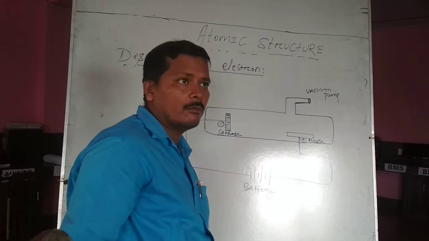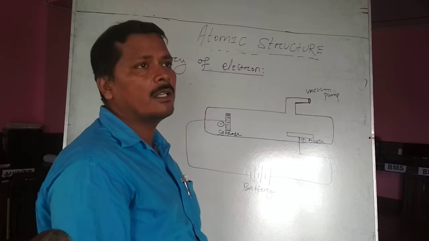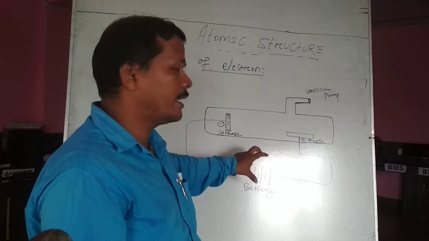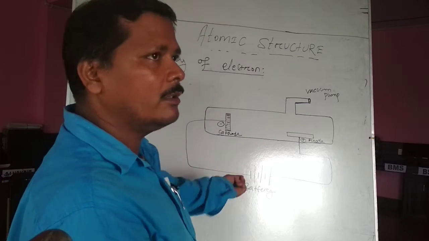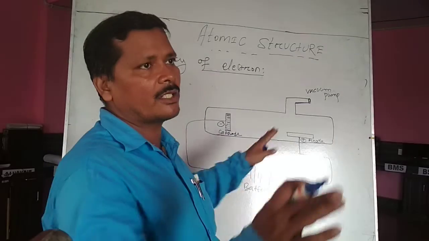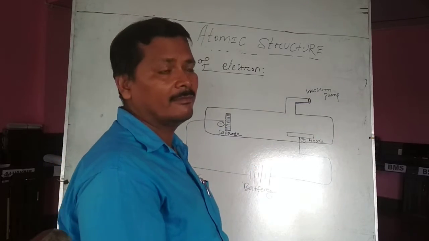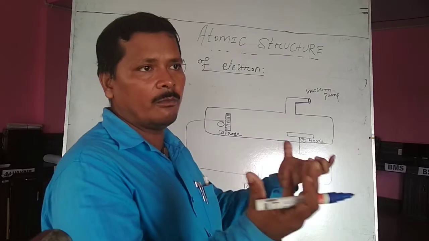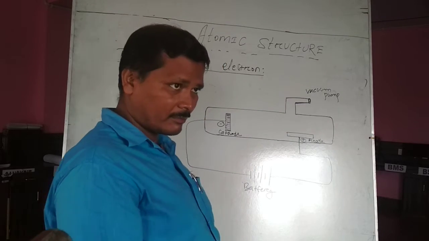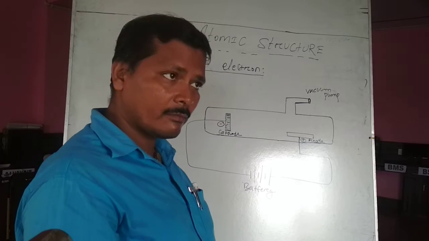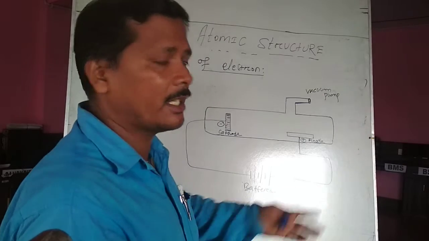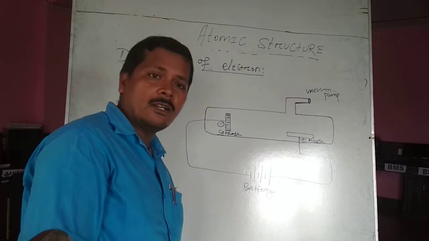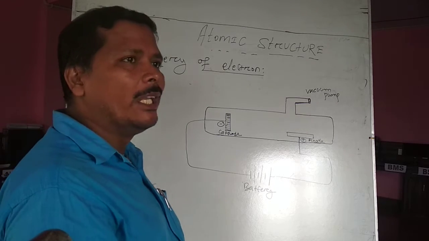When a current of high voltage was passed through this gas, means battery on, the plates are being charged. So the gases inside the tube are also gaining some electrical energy. You can take any gas inside the tube: hydrogen, oxygen, fluorine. Suppose hydrogen gas is there.